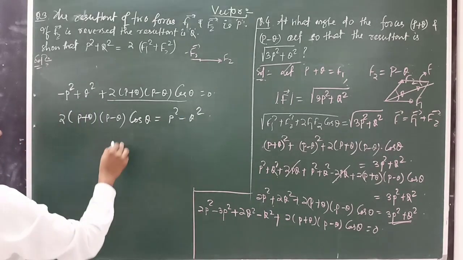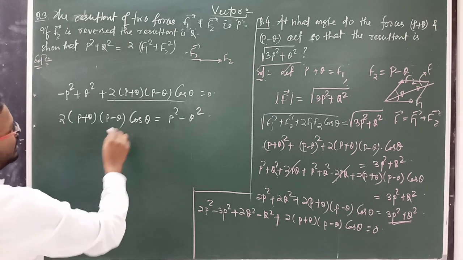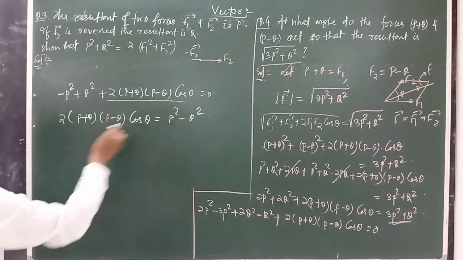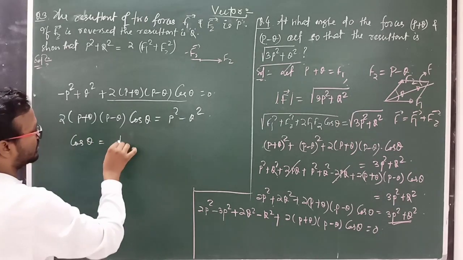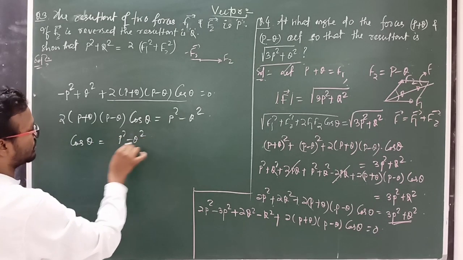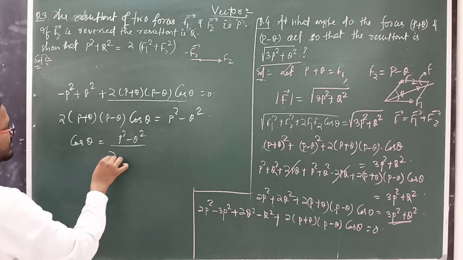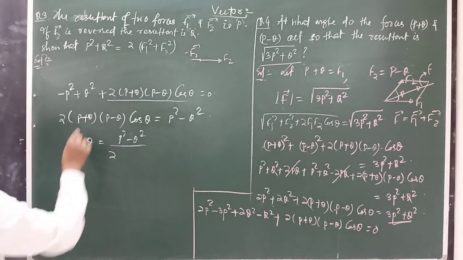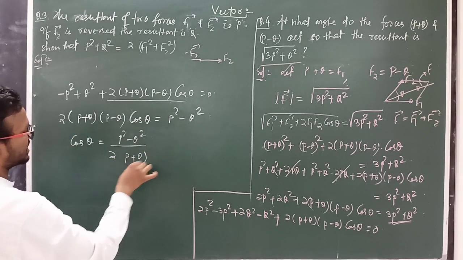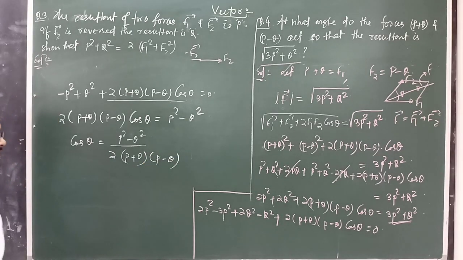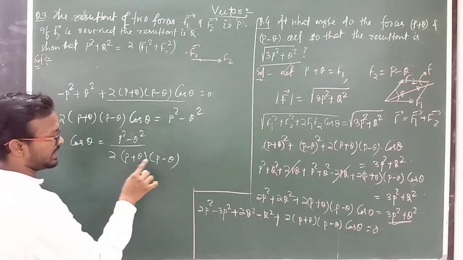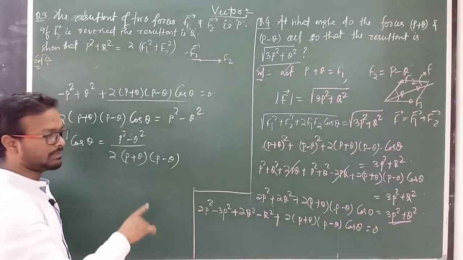Clear? And here we can write cos theta equal to (p square minus q square) divided by 2 into (p plus q) into (p minus q). Clear? And we already know (a plus b)(a minus b) is a square minus b square.